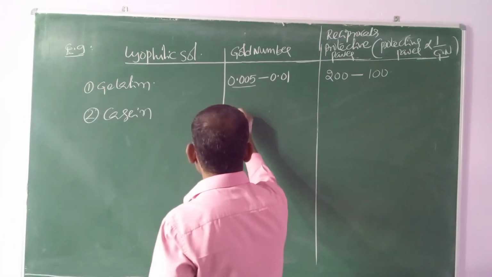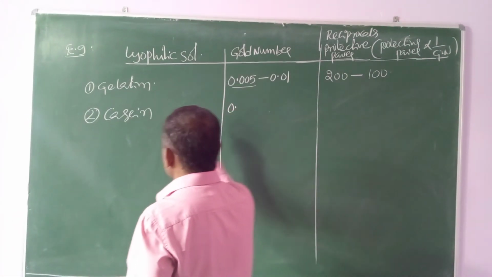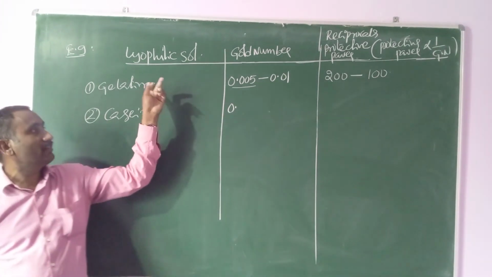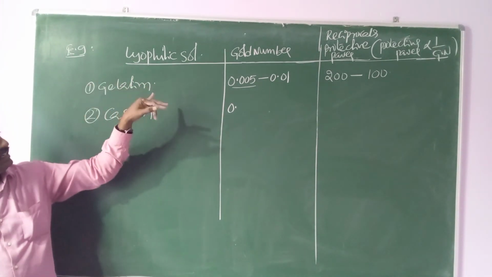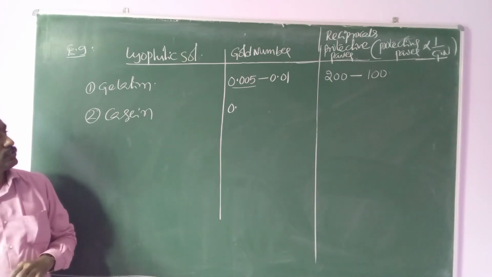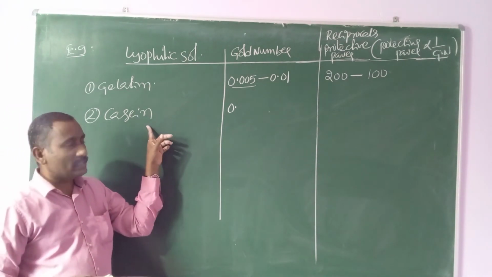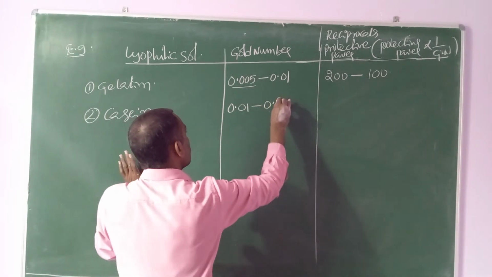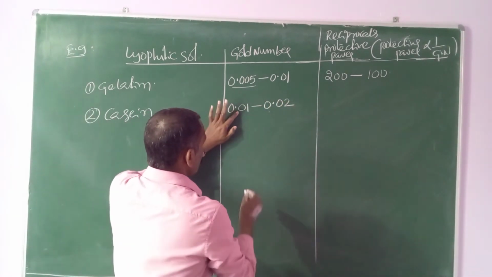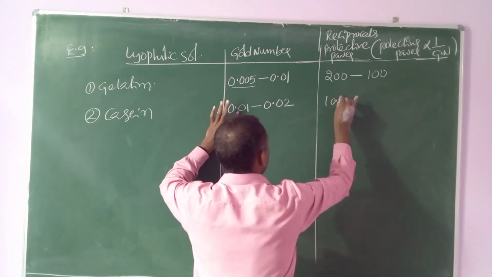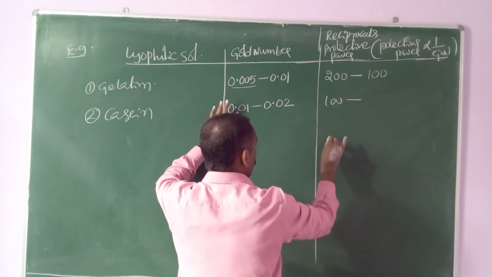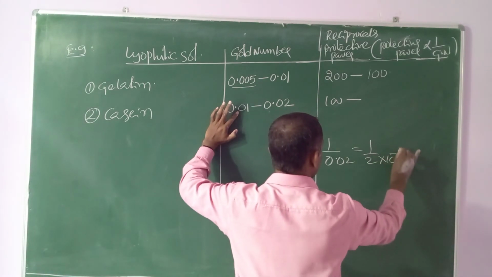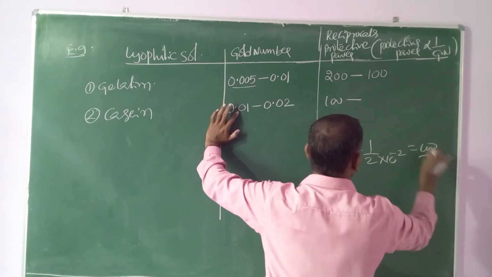There is no need to learn the values by heart, but at least the examples you should remember. Casein, present in milk, has a gold number of 0.01 to 0.02. Reciprocal of 0.01 is 100. 1 by 0.02 is 1 by 2 into 10 power minus 2, which is 100 by 2, 50.